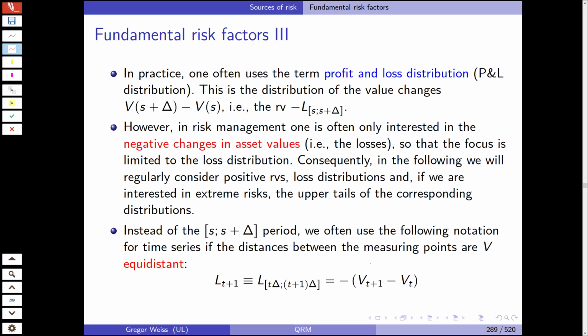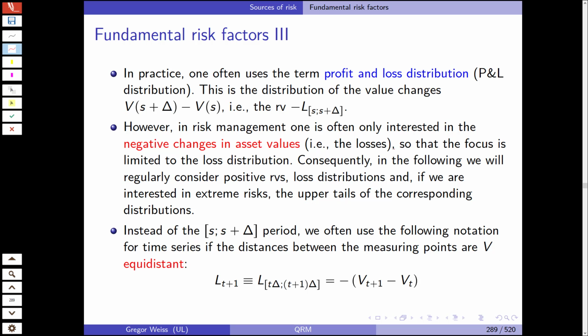Now in practice, one often uses the term profit and loss distribution, P&L. And this is the distribution of those changes in value, V s plus delta minus V s. That is, if you take the loss distribution and switch the sign, so profits are positive, losses are negative, then you have the P&L distribution. If you are only looking at the losses, maybe even cutting off the profits, then you have the loss distribution.